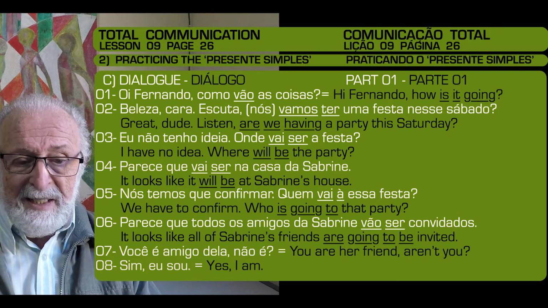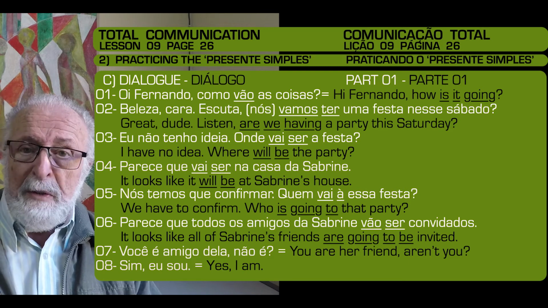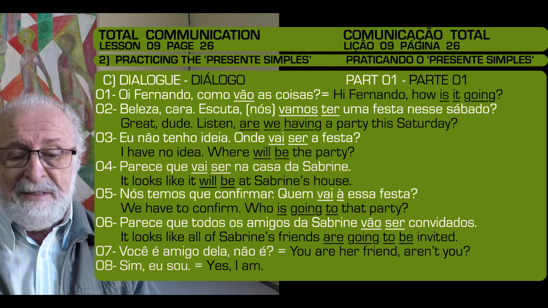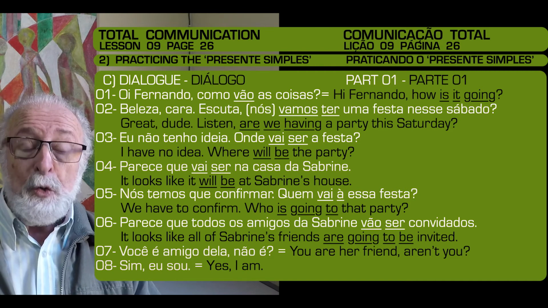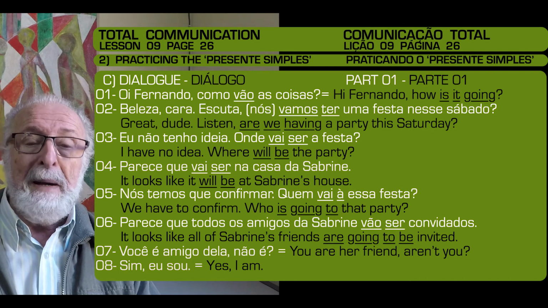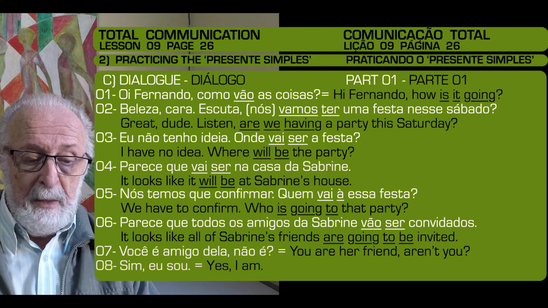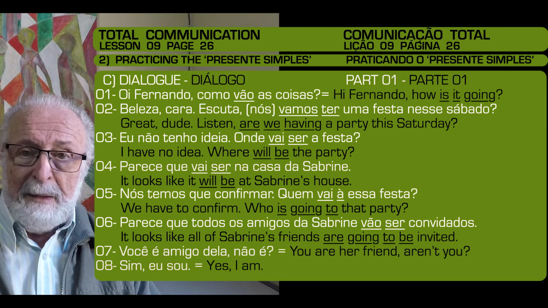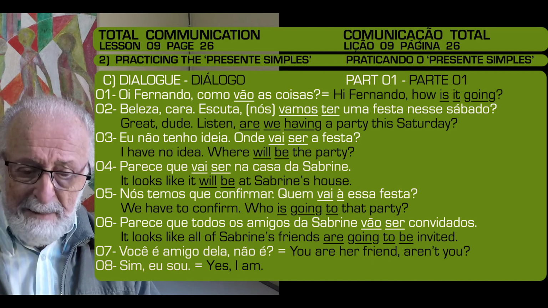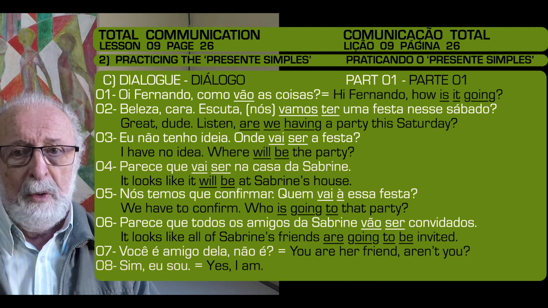Parece que vai ser na casa da Sabrine. Nós temos que confirmar. Quem vai a essa festa? Quem vai a essa festa? Parece que todos os amigos da Sabrine vão ser convidados. Parece que todos os amigos da Sabrine vão ser convidados. Você é amigo dela, não é? Você é amigo dela, não é? Sim, eu sou. Sim, eu sou.